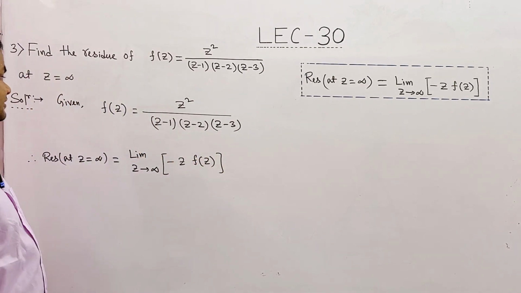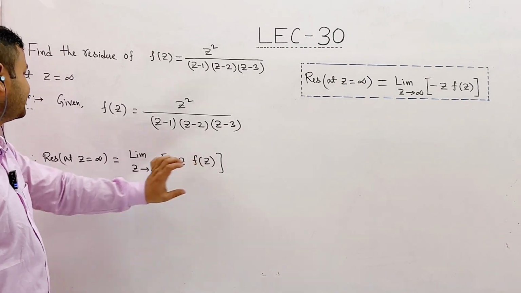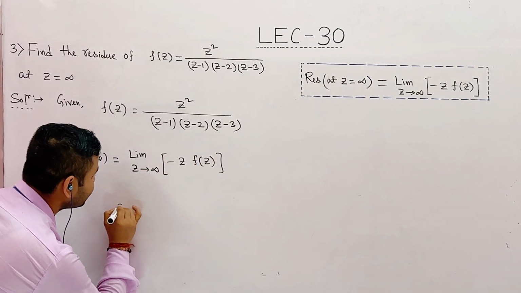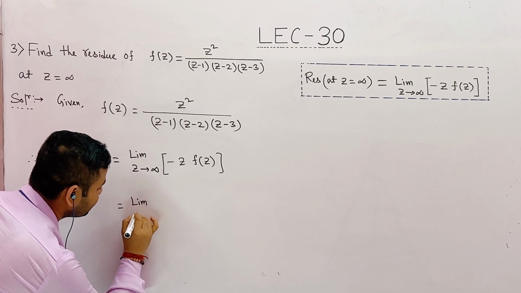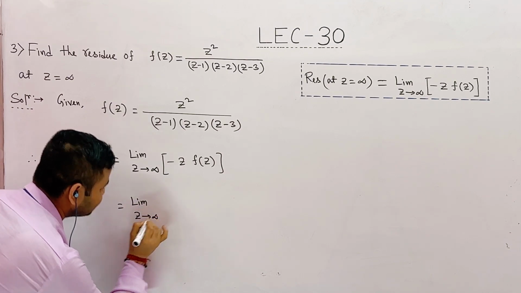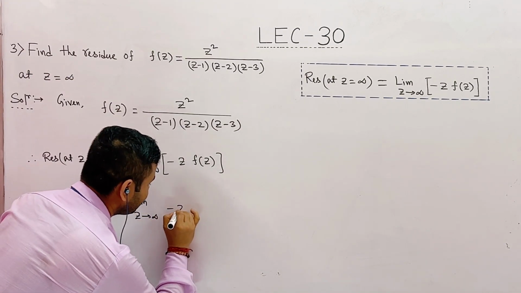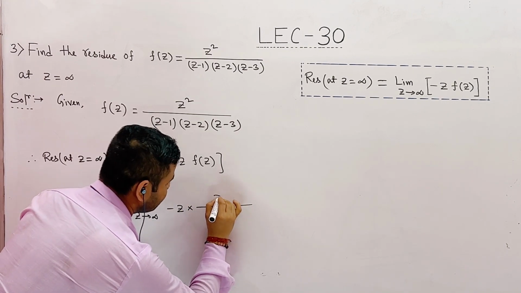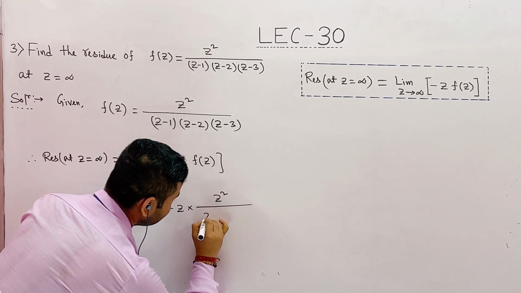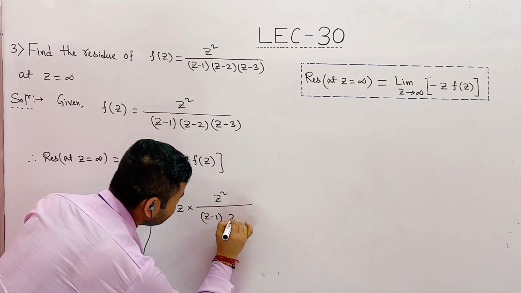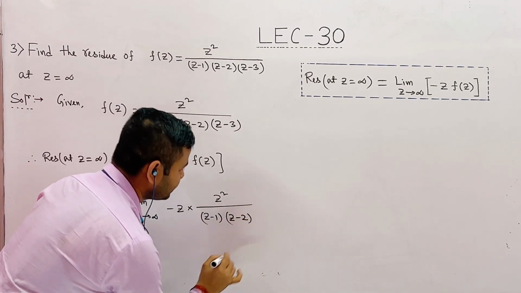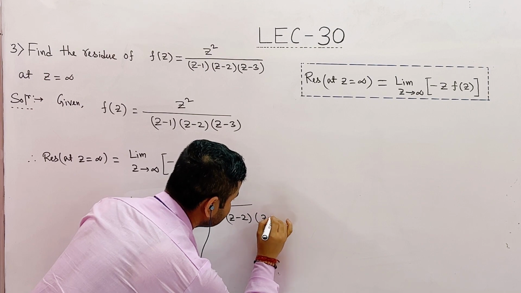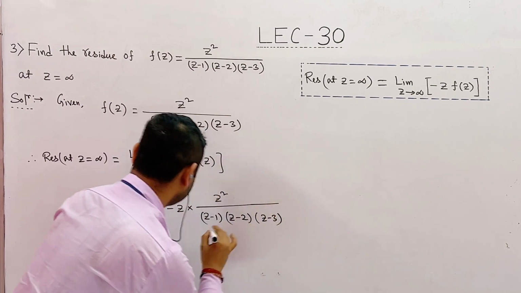Now, let us substitute the value of f of z here. So, finally, we will get limit z tends to infinity of minus z into z square divided by (z minus 1) into (z minus 2) into (z minus 3).